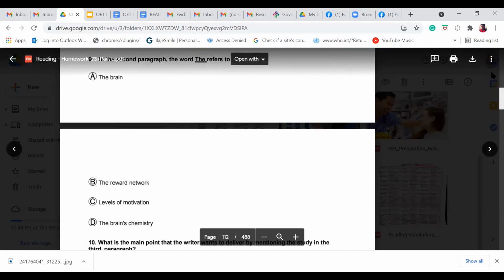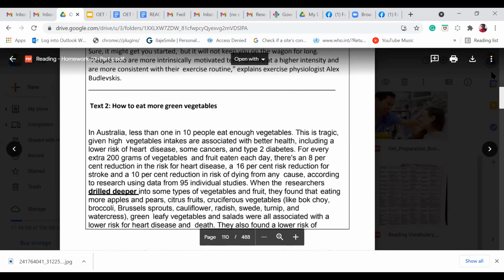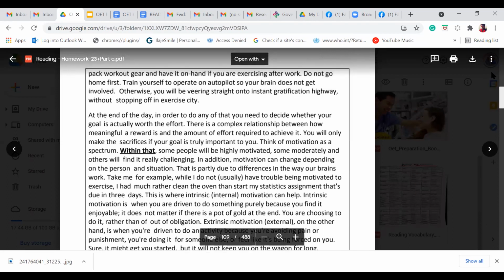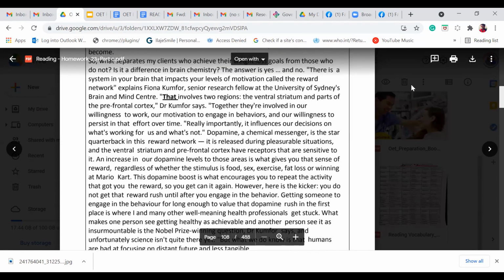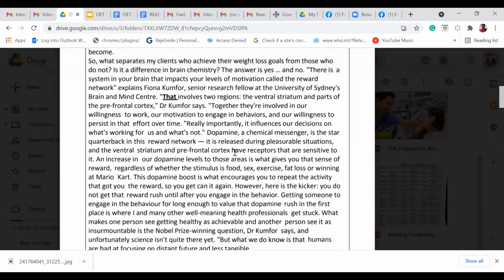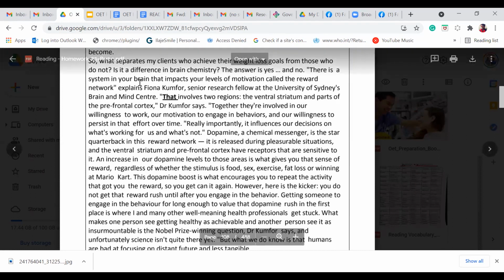Let's go back to the second paragraph. I think I emphasized this when I was reading it. Still talking about the second paragraph, the word D.